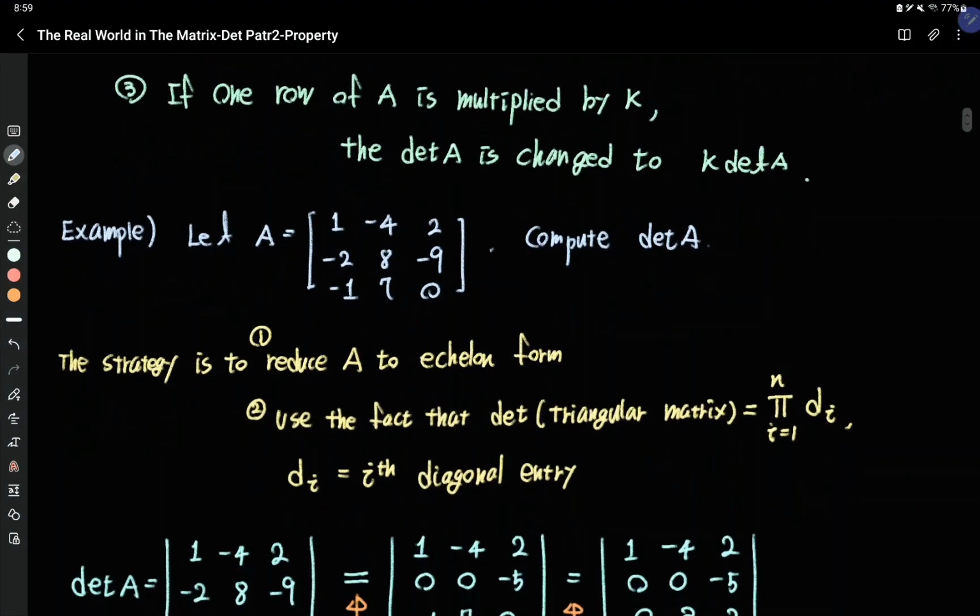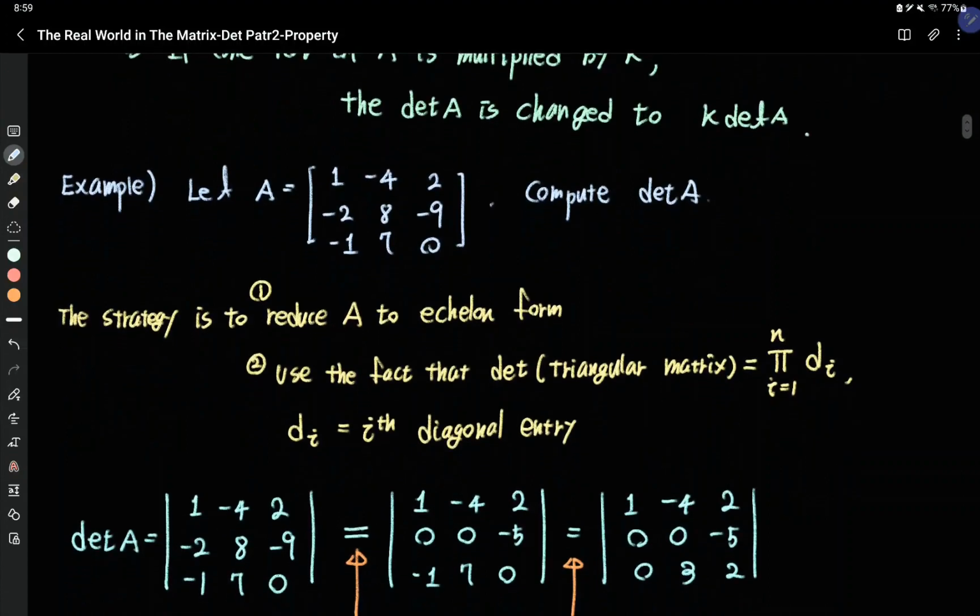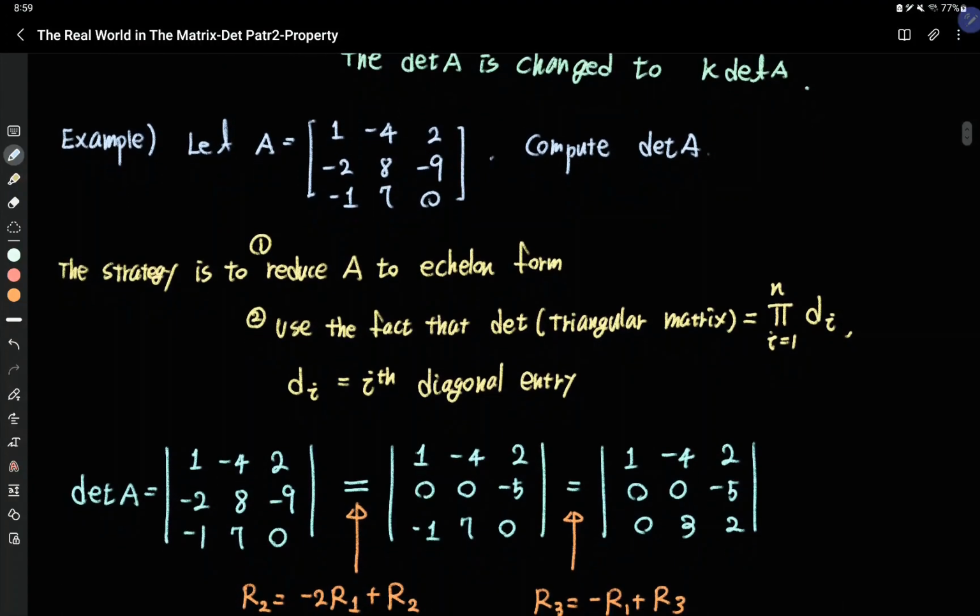So let's see an example. A 3 by 3 matrix is given, and we compute the determinant of A. You can use the cofactor expansion, but let me just reduce the matrix A to echelon form, so we get an upper triangular matrix.